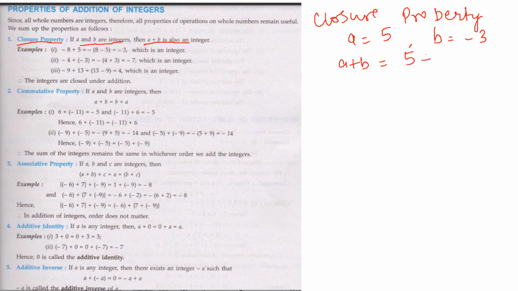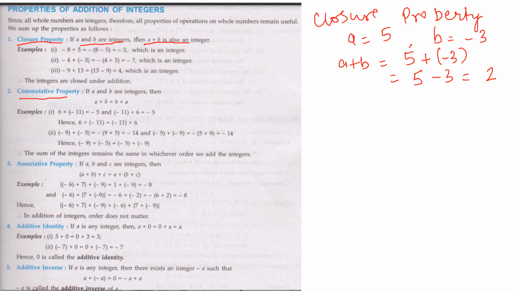It means if a and b are integers, let us take a as 5 and b as minus 3. Then a plus b is what? 5 plus minus 3. Plus and minus together means it will be 5 minus 3, that is 2. So adding them, we also get an integer.